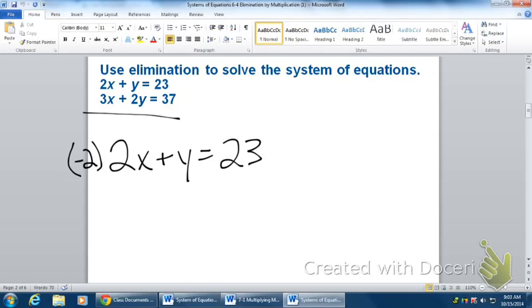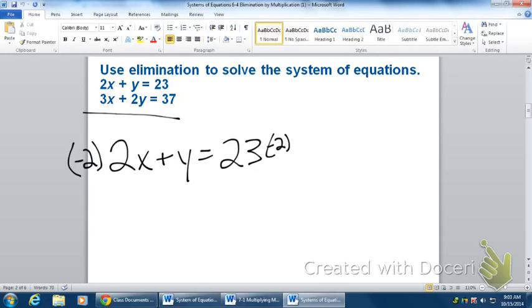If that y was a -2, our y's would cancel. If you're going to multiply like this, you need to multiply the whole equation, both sides of it, not just one side. Whatever you do to one side, you need to do to the other.